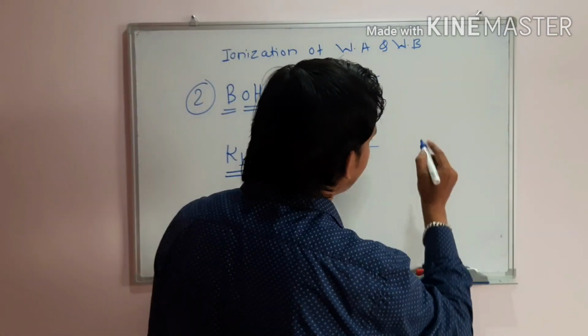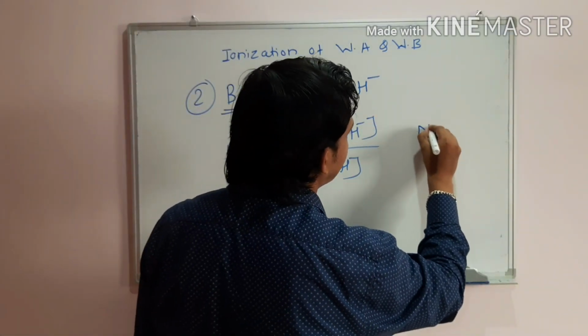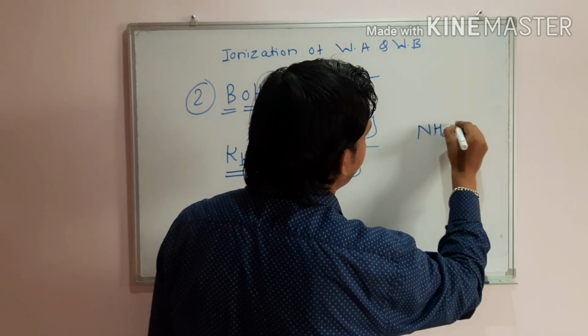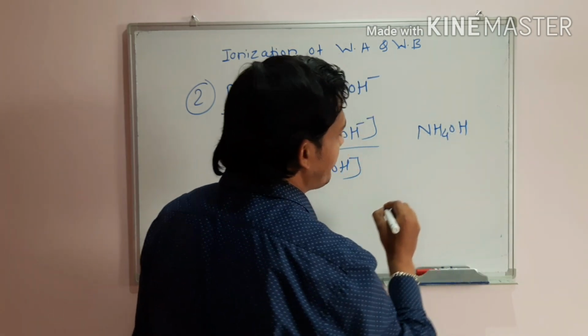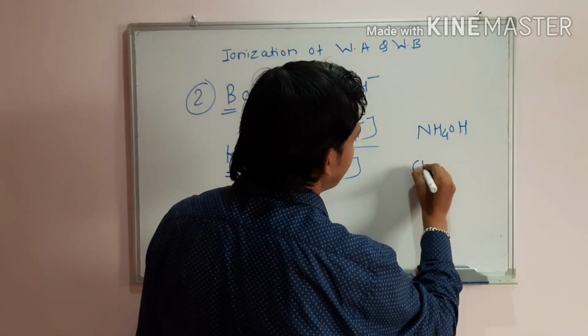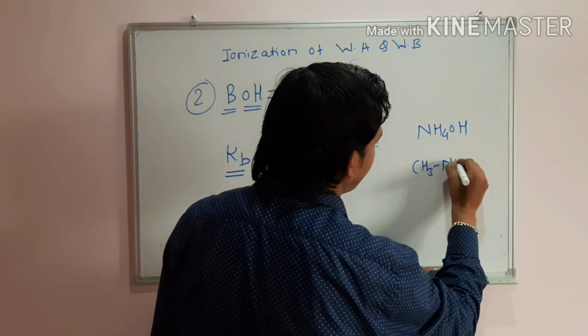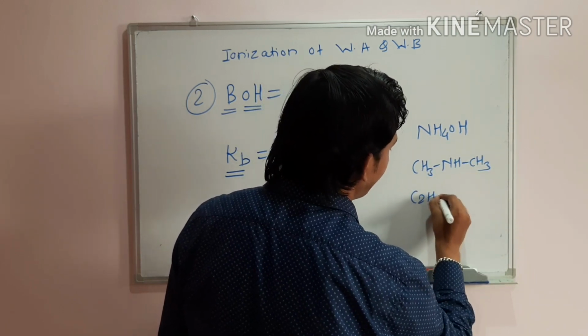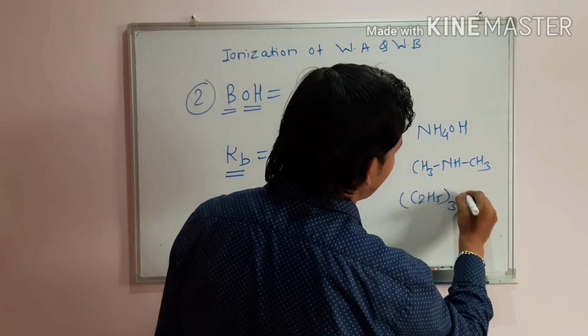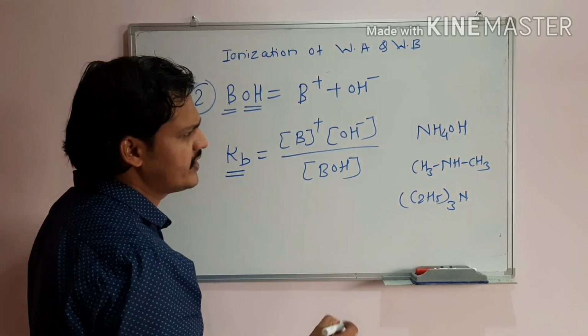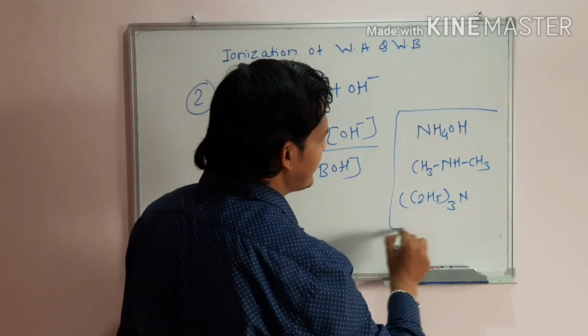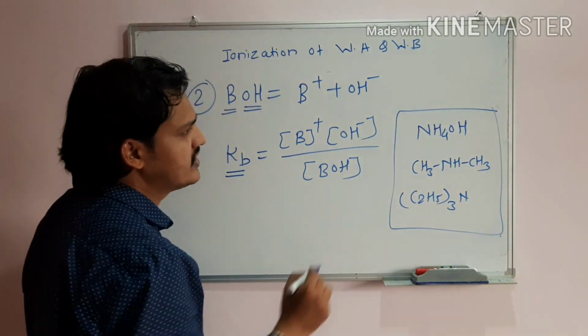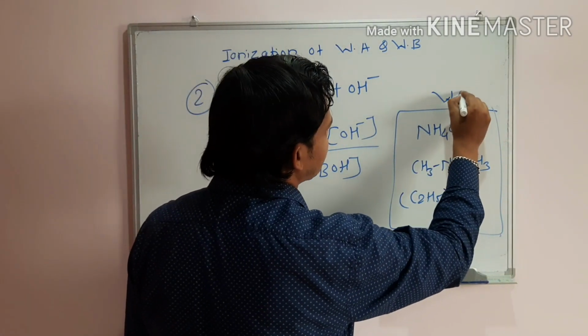Now there are many weak bases like NH4OH. Then I am writing here CH3NH2, and then C2H5 thrice N. There are many examples of weak base. I am just tentatively taking 3 examples. So these are the weak bases.